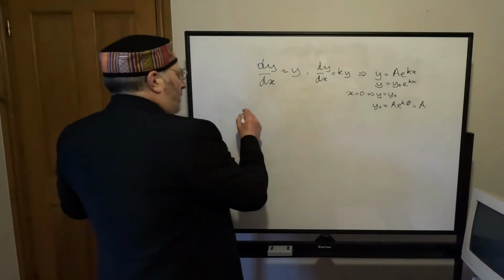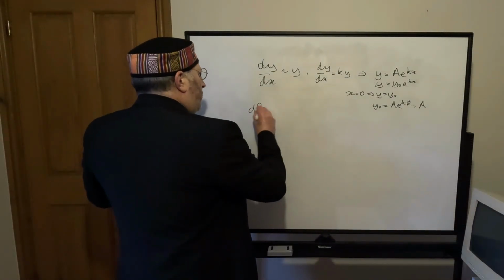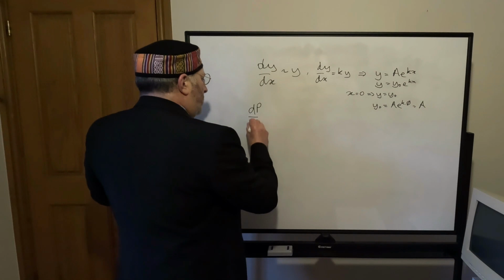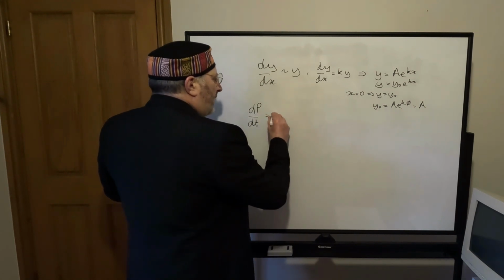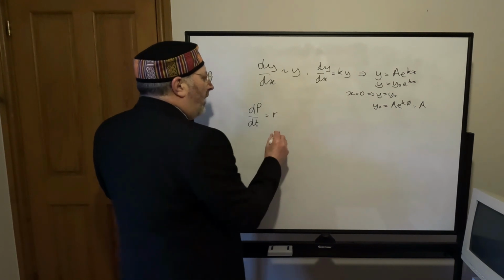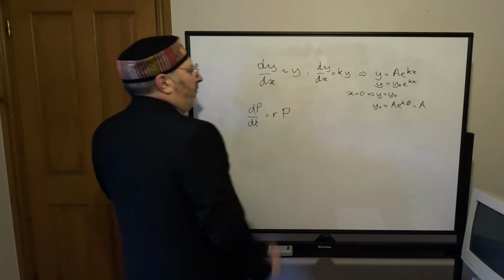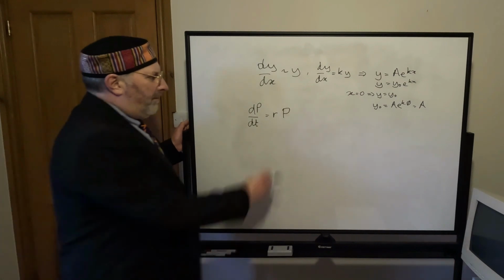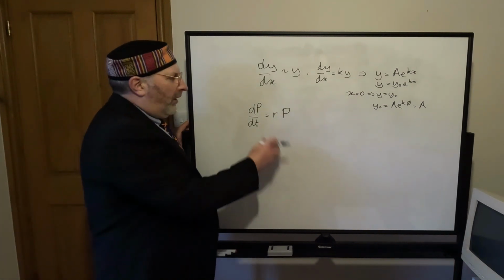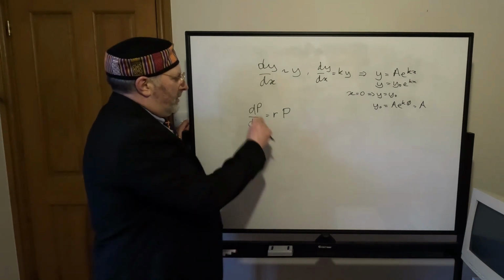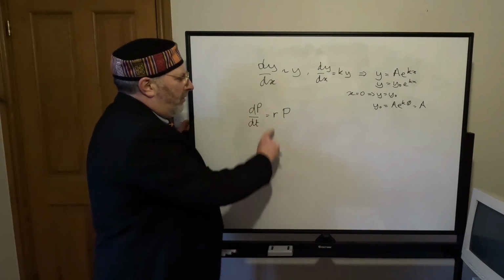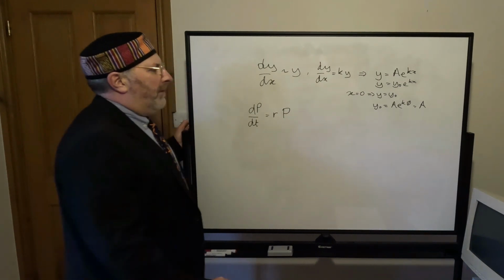So we can write that using p for population, the rate of change of population dp by dt equals some fraction, which we usually write as r, of the existing population. So it might be 1%. So r might be 0.01, for example. But the key thing is that the population growth rate is proportional to the population.